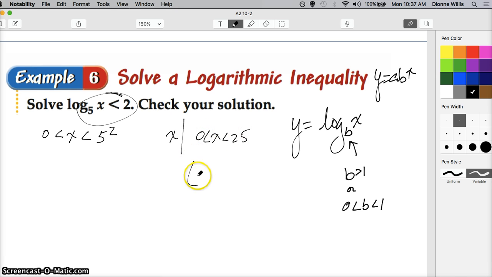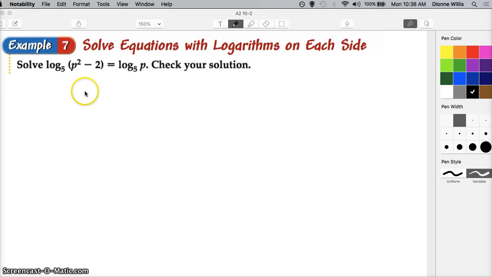Or of course we can do interval notation and say that x is a part of this set from 0 to 25. Similar to the exponential situation, if I have log base something of something is equal to log of the same base of something else, this implies that the two values here have to be equal.